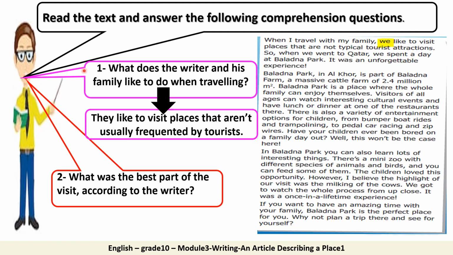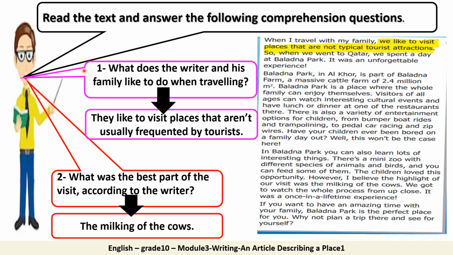And the answer is in line 1, we like to visit places that are not typical tourist attractions. Now the second question, what was the best part of the visit according to the writer? Very good. The milking of the cow, and the evidence is in the third paragraph. The highlight of our visit was the milking of the cow.